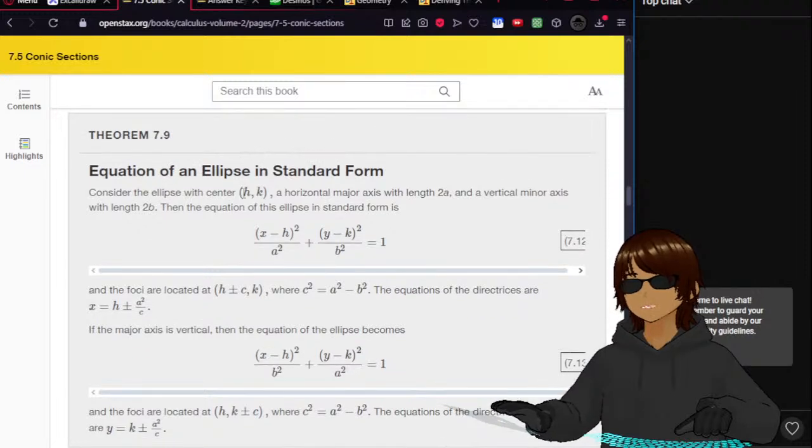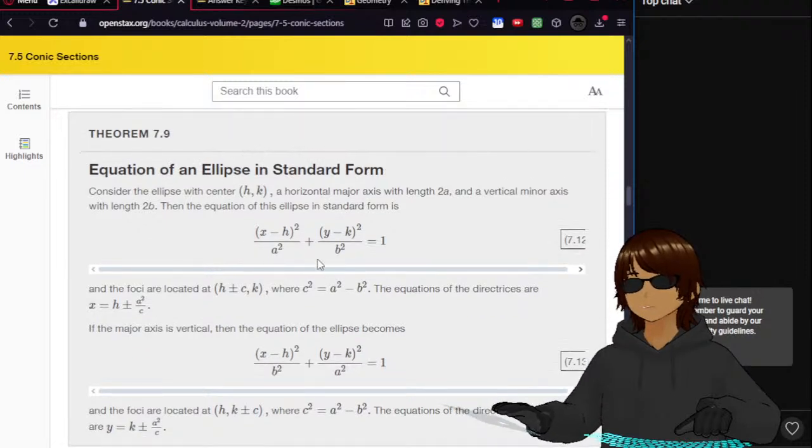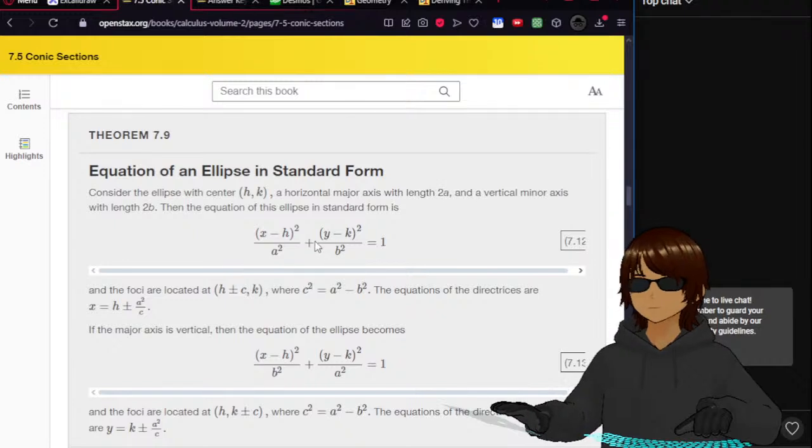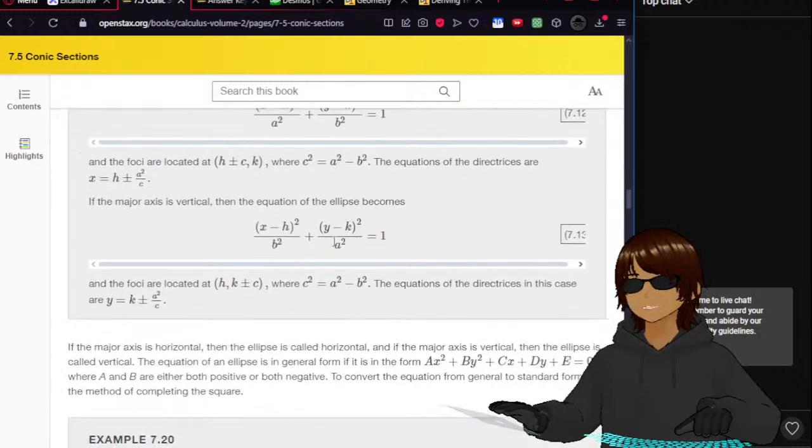The equation of an ellipse in the standard form would be like this, with center h, k.